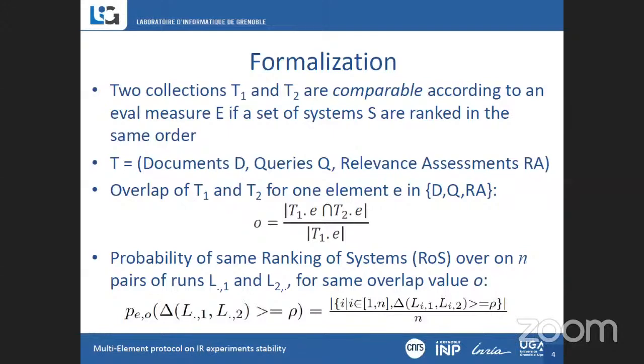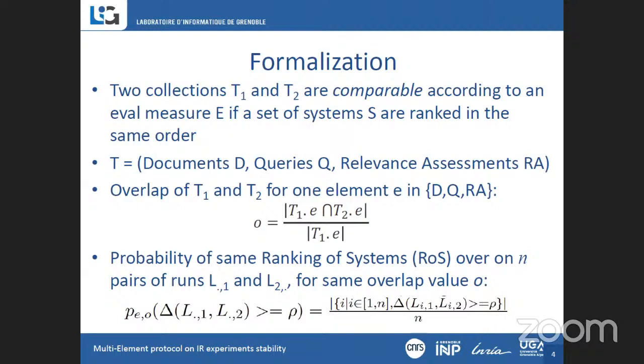What we do with this is assess whether the ranking of systems is the same, for example whether the information flow models are in the same order according to the evaluation measures.